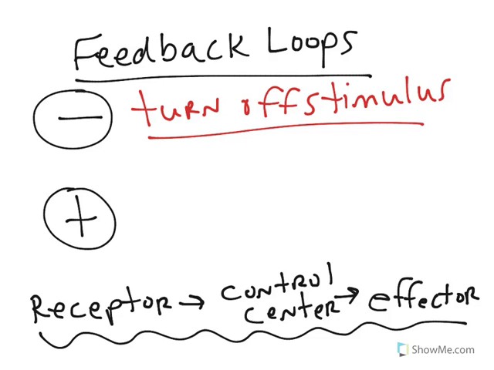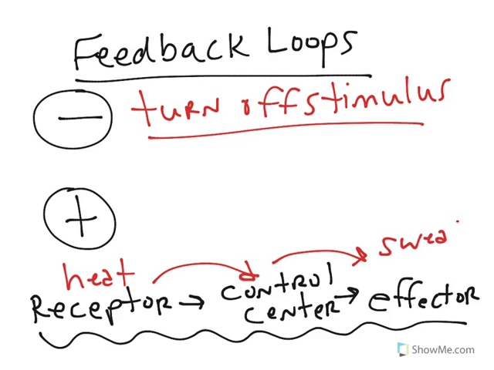It's going to attempt to raise your body temperature. So in order to combat the heat, the receptor receives the signal, which is heat. Your brain communicates with your skin to maybe sweat, and that shuts off the initial rise in temperature, bringing your body temperature back down. This is called a negative feedback loop.